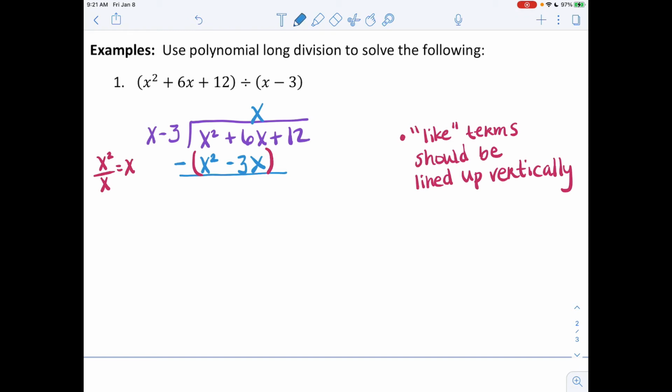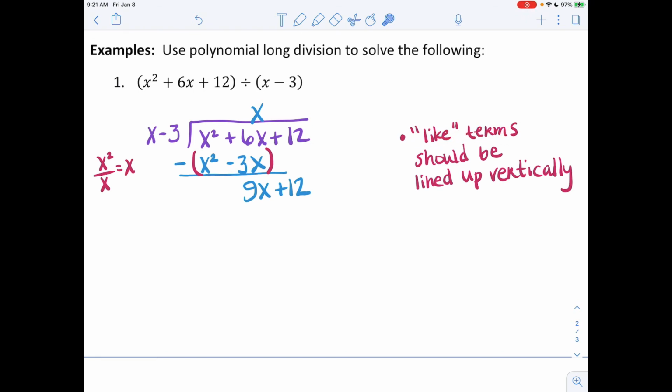Those two negatives are going to become a positive, and so that's actually going to give me a 9x. The next thing after subtracting is bringing down. So in this case, we are going to bring down plus 12. See how everything nicely aligns as we go along, as long as we make sure that we line up like terms in those vertical rows.